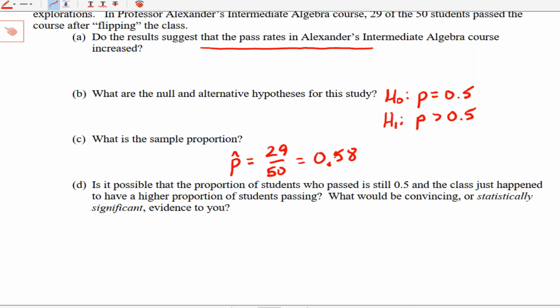Or the other possibility is, yeah, we got this sample proportion of 0.58, but the population proportion is still 0.5, and we just happen to get this result, or it's really not statistically different from 0.5. You could just get the 0.58 by sampling error or just by random chance.